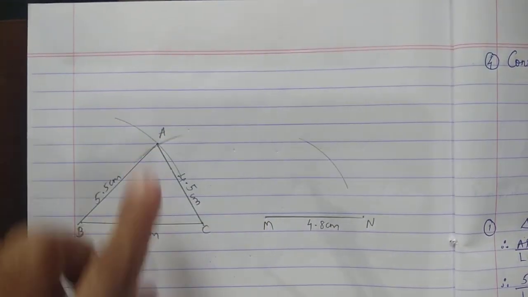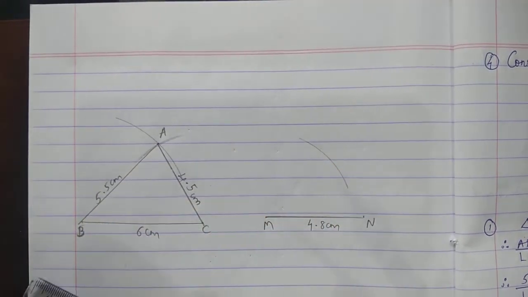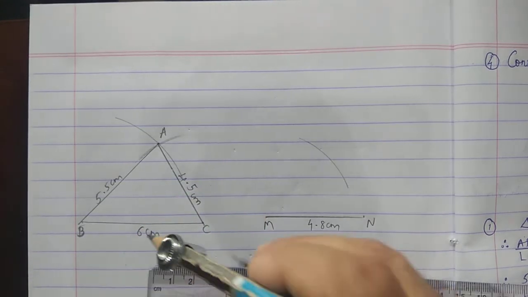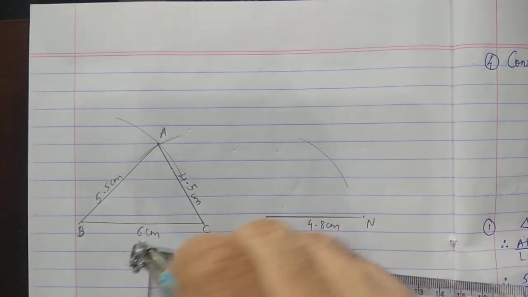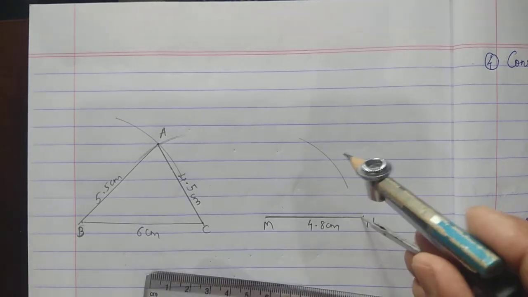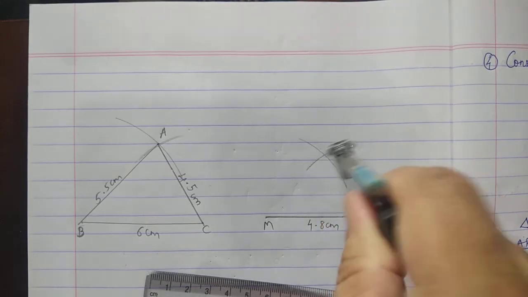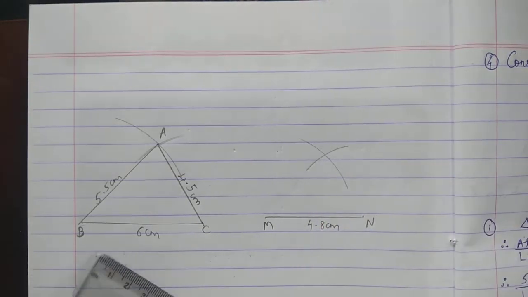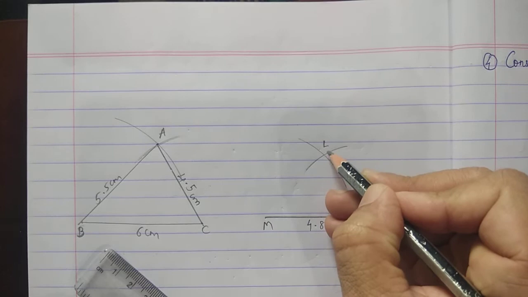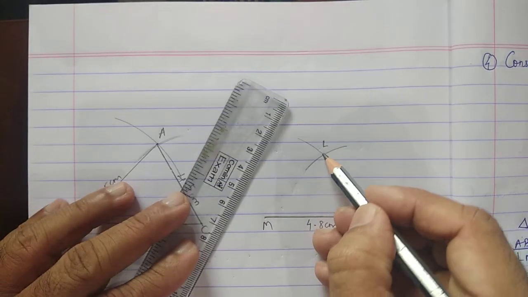Okay, then the corresponding side of AC is LN. So how much is LN? 3.6. So measure 3.6 now. Keep the round point at N and draw an arc. So this is point L. So now these two points will join.